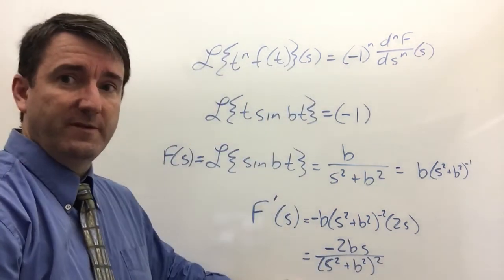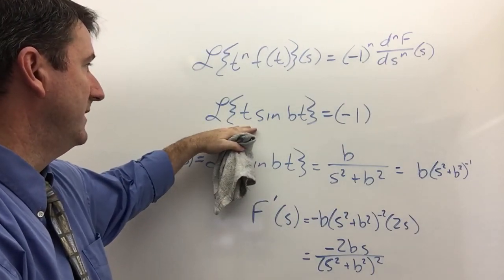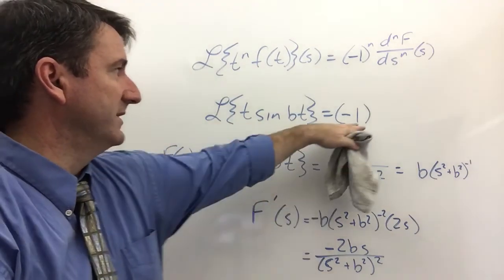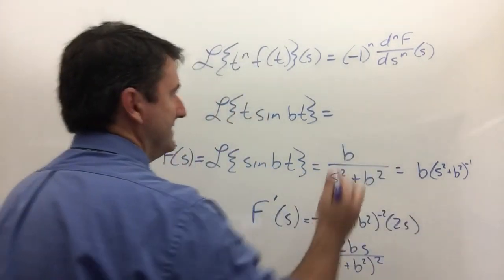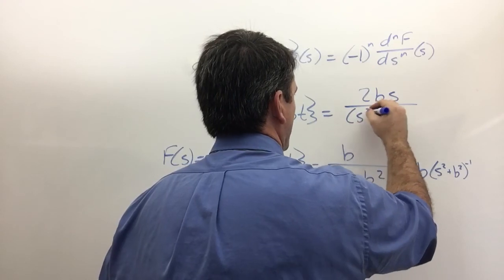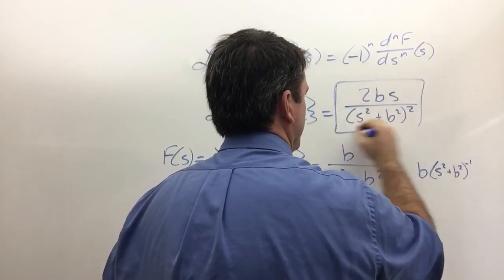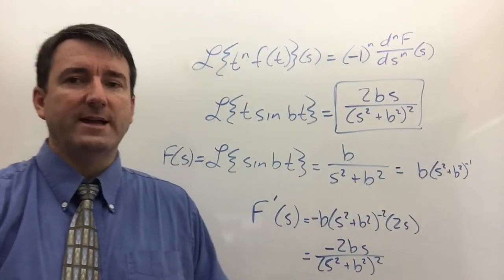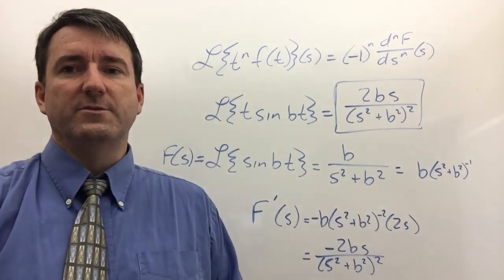All right, so that's the derivative. And the Laplace transform of t times sine of bt is going to be equal to negative 1 times that derivative. So this is just going to be positive 2bs over (s squared plus b squared) squared. So that's going to be our answer for that one. And so hopefully that's enough to get you started with these three new properties.